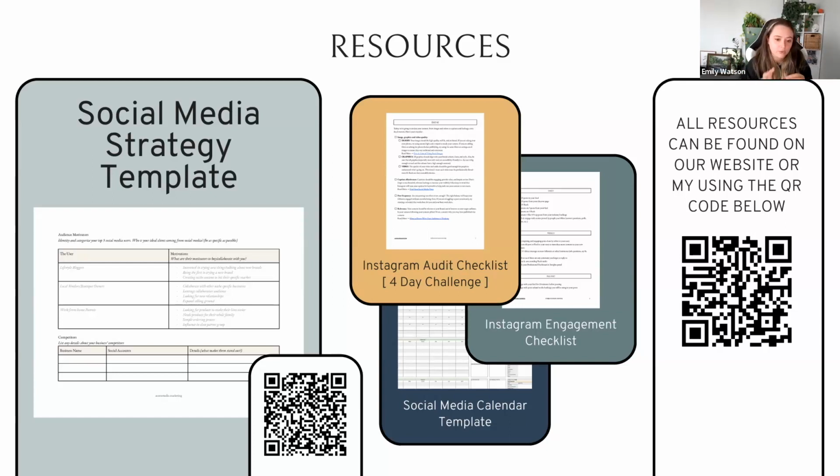There's a QR code right below it if you want to check that out, as well as some other templates, like an Instagram audit checklist. We also have an Instagram engagement checklist and a social media calendar template, which we've used countless amounts of time. It's awesome. And then if you want to check out all of our other resources, the QR code on the right-hand side will take you right over to our website.